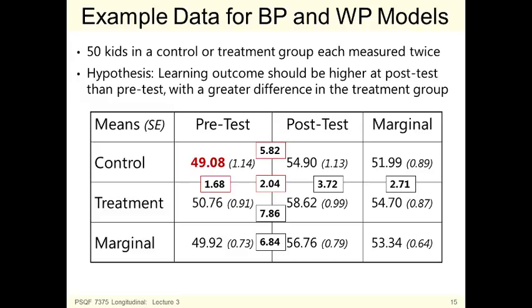So while I expect both groups to grow, I expect more growth in the treatment group. I have here the cell means and the marginal means for each condition of the experiment. This is the type of table you would see in a results section, used to describe an analysis of variance.